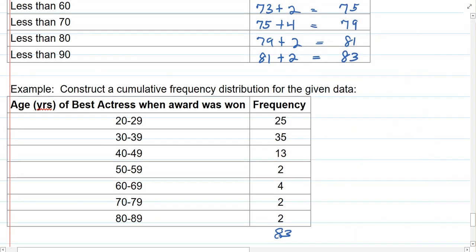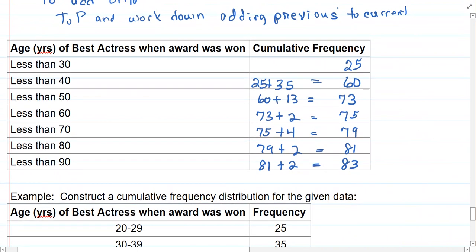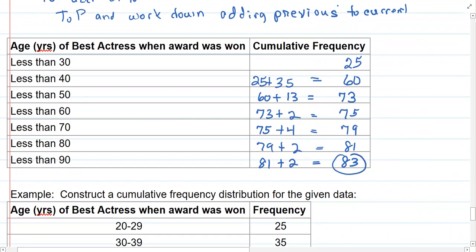So my cumulative distribution is the last number is the total of the frequency distribution. Sorry, I cramped that in there.